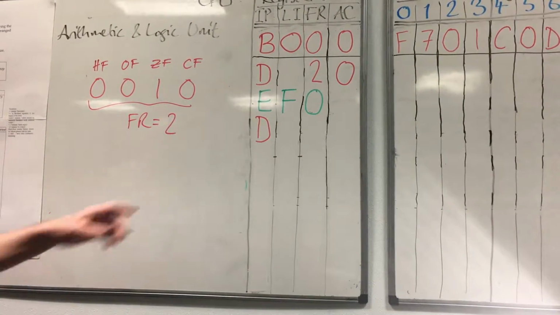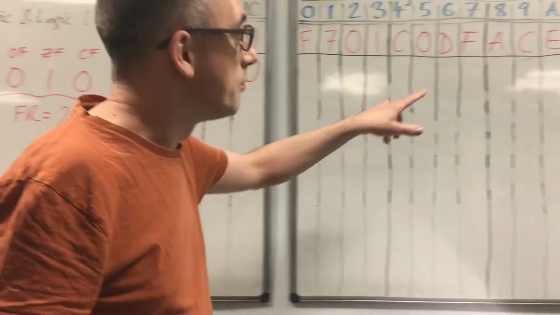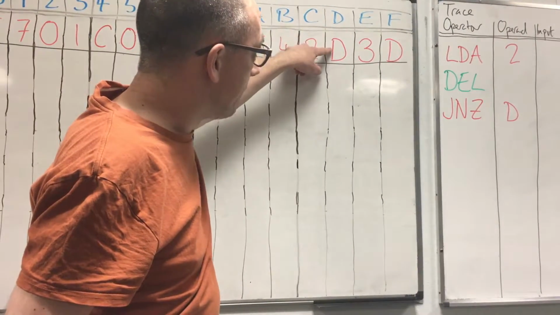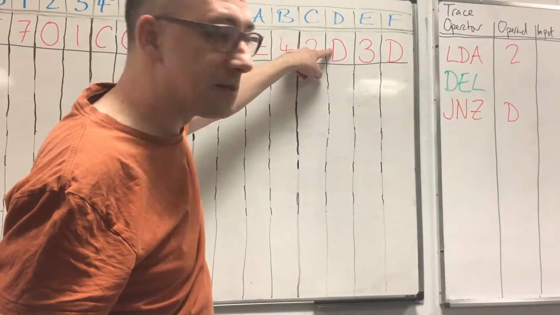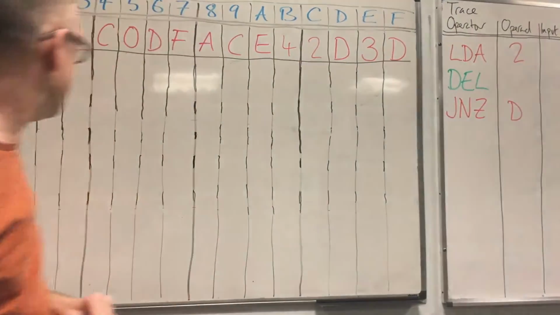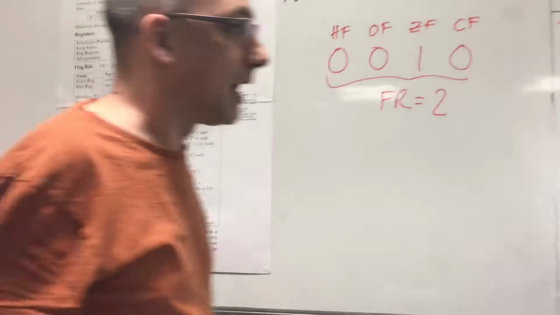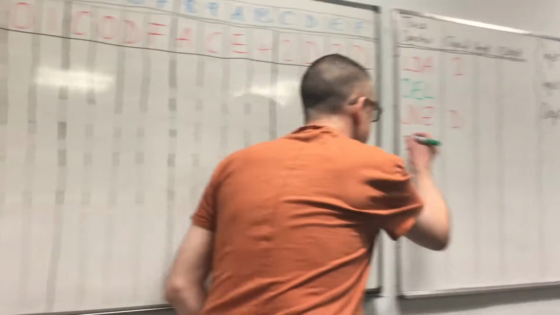What happens next? We look up memory location D. We find the code for the operator, that's D, and decoding it, we find that it's decrement loop index. So we write that in the trace.